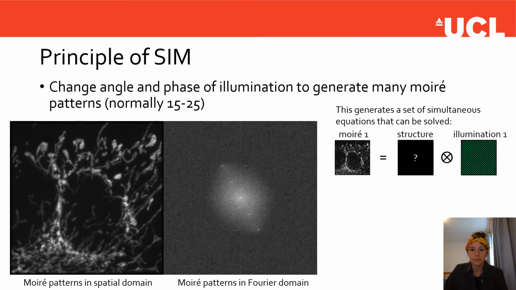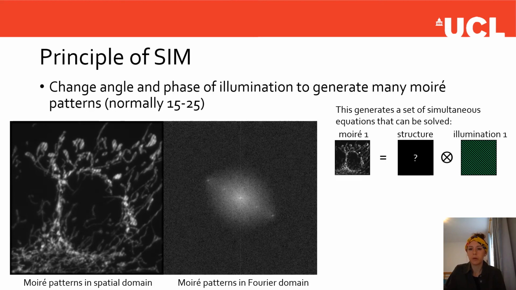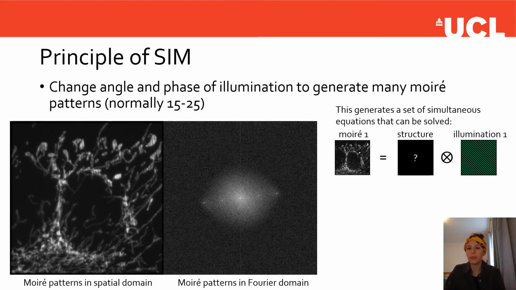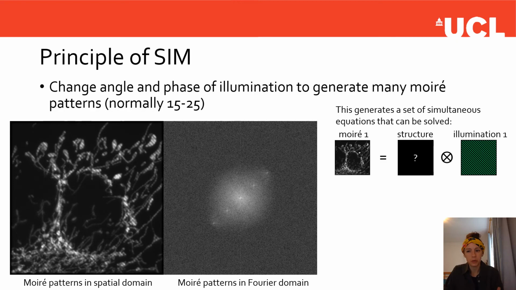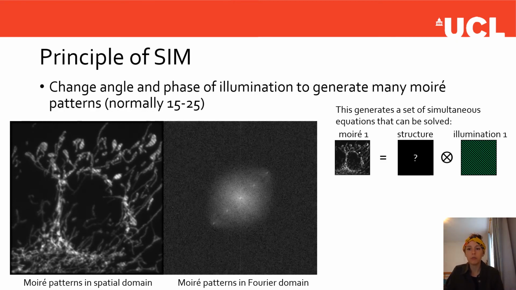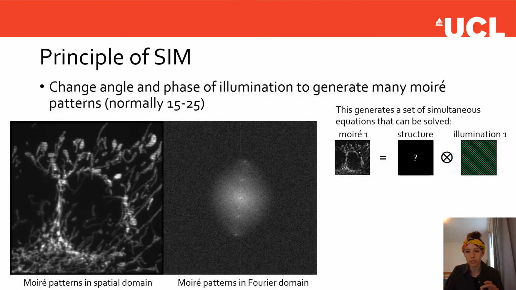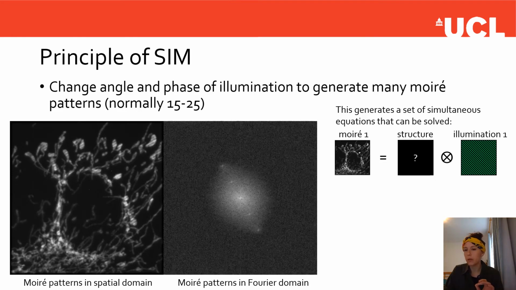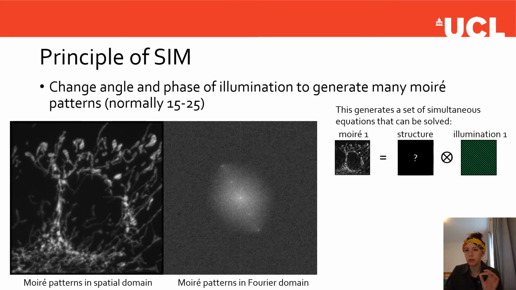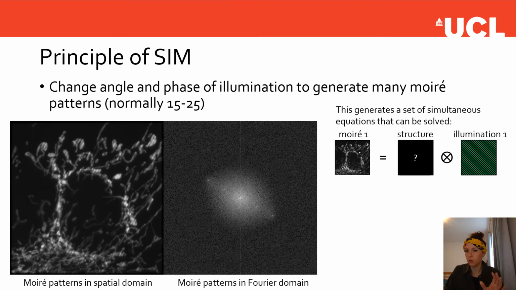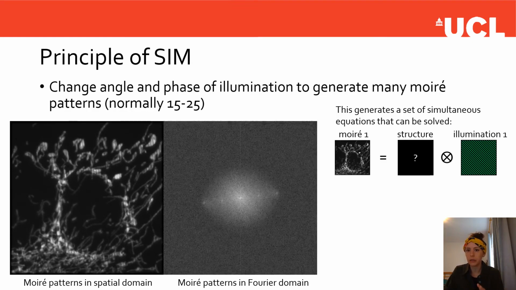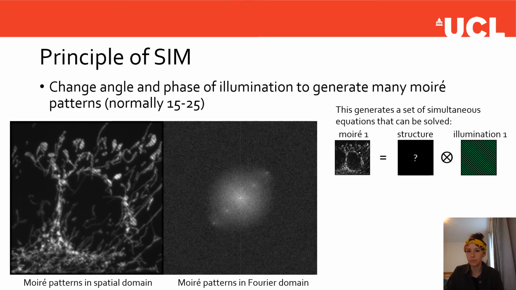So let's imagine we've got our first moire pattern. We know that that is our true structure, which we don't know at a very high resolution, convolved with a known illumination pattern. Okay, so we've got one equation here. If you convolve illumination pattern 1 with the structure, then you get your moire pattern 1. So you know two things in this equation.